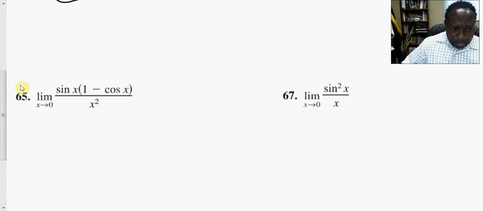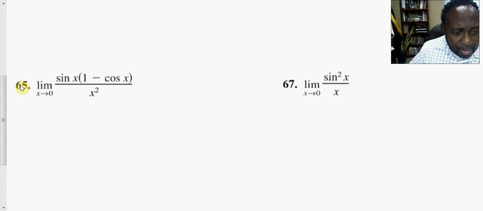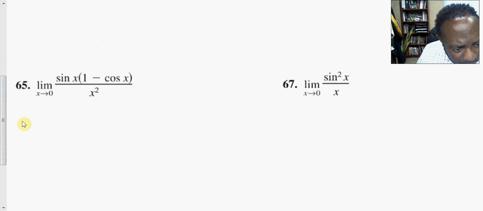All right, let's look at this one. This somewhat combines two of those special function theorems. So let's see if we can break it down. I'm going to break this down because the limit of a product is the same as the product of the limits.